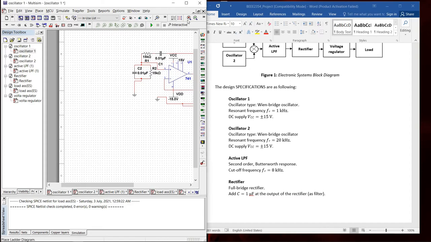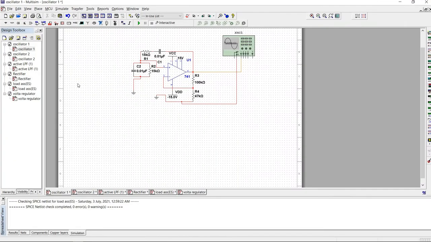So here we go, oscillator 1 circuit. As you can see from my circuit, I use the 741 component, and for C1 and C2 the value is 0.01 microfarad, and for the R2 and my R1 is 15 kilohertz.